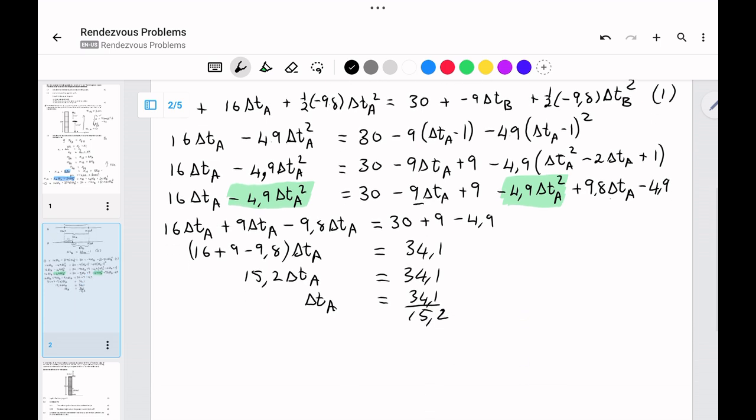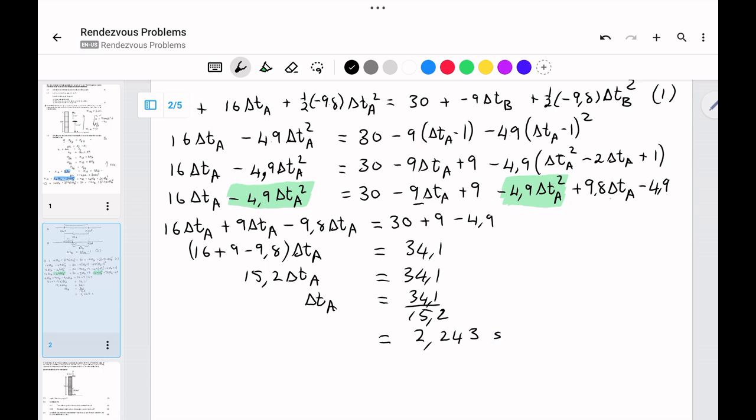Actually, I lied. It's not the last step. There's one thing we have to do beyond this. And we get 2.243 seconds. This is not my final answer.